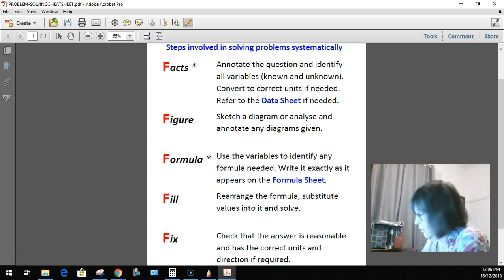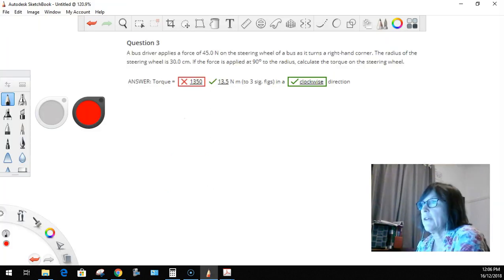So the first step is look for the facts, and doing so, we've got to annotate the question and identify all our variables, known and unknown, and don't forget to convert units. So, annotation. What do we need?